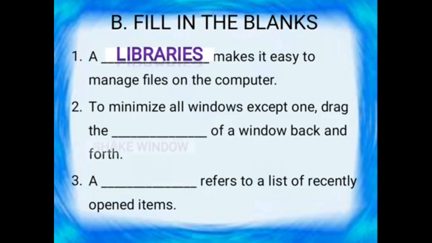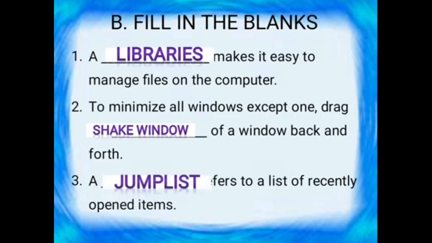Which one? Yes, shake window. So shake window will keep the window you want, that alone stays there. A dash refers to a list of recently opened documents. So which one do we use for recently opened documents? Yes, jump list is the list of recently opened documents.